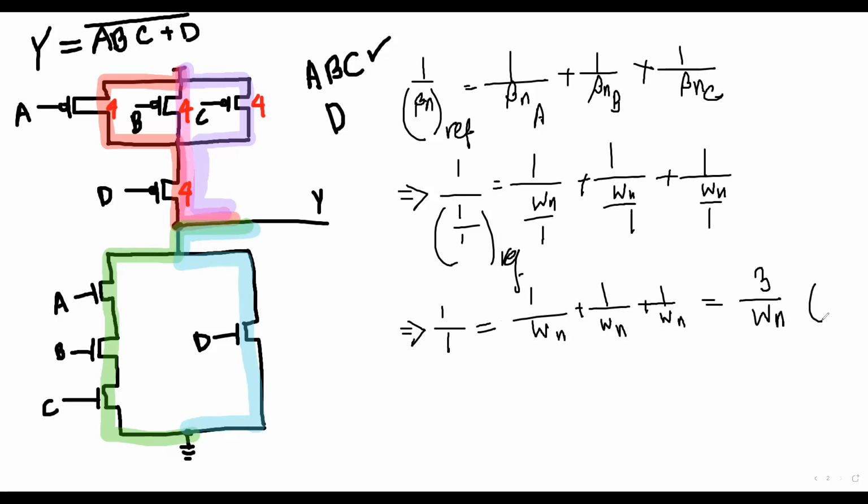So this is actually for A, for B, and for C, all of them. Now, if you solve this, your Wn will be multiplied by 1, and 3 will be multiplied, so it will be 3. But this is for A, B, and C.